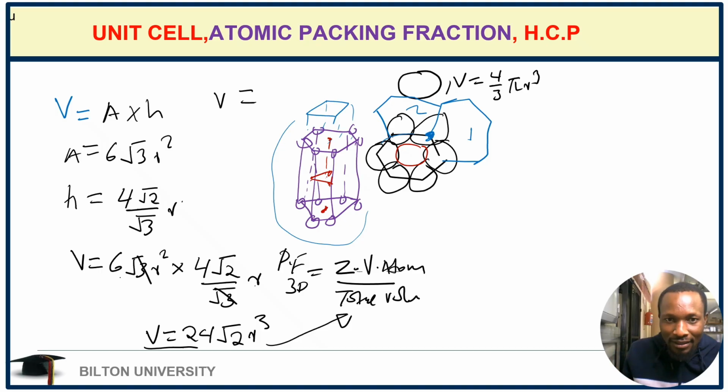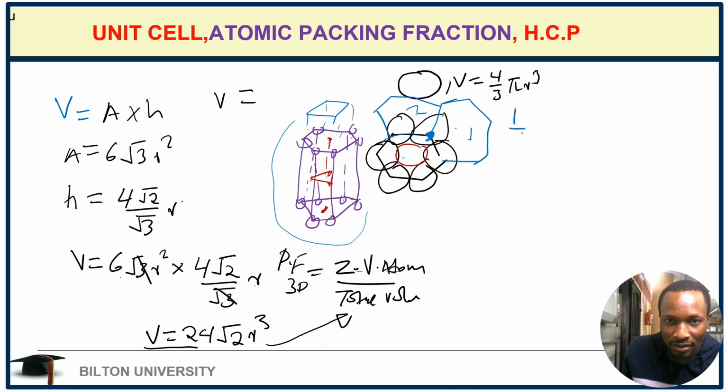You can see that of these corner atoms, only one corner atom is going to be shared by 6 unit cells, because in this one layer there are 3 unit cells, 1, 2, 3, and another layer on the top is also going to be 3 unit cells. So it means that one corner atom, just one atom like this, is being shared by 6 unit cells.